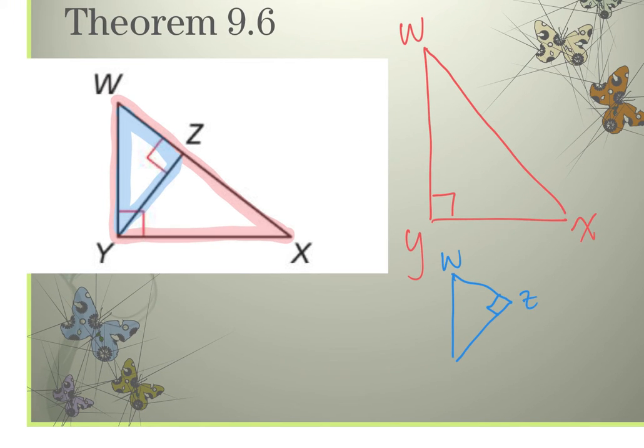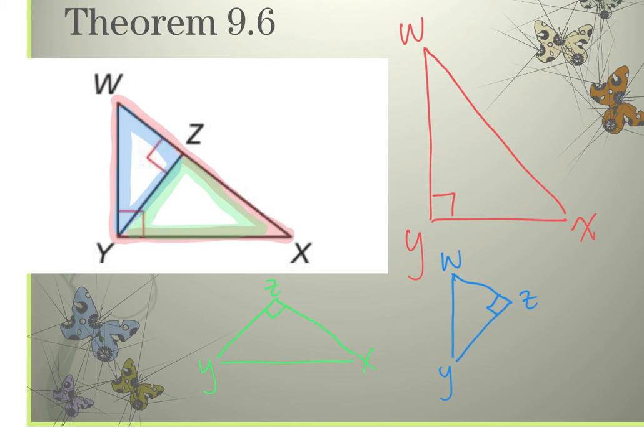W, Z, and Y. And then I also want you to draw the green one, which is the medium-sized one. Do you guys see this one over here? Draw that one as well, which looks like this, which is Z, X, and Y. It's also 90 degrees here.